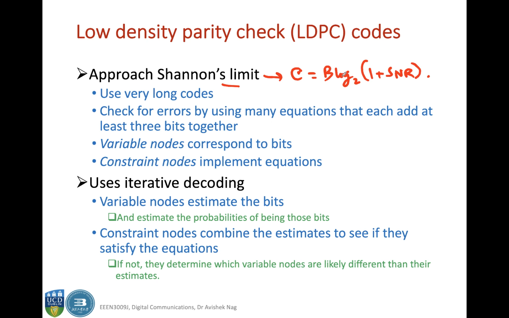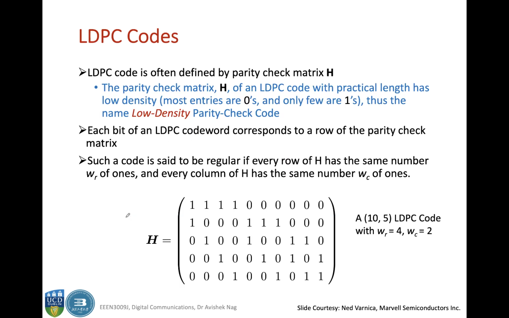As you saw in the video, these use very long codes, and they have variable nodes and check nodes, and the decoding mechanism is iterative. We will go through the decoding mechanism with an example later, but let's go first through the general characteristics of these LDPC codes.